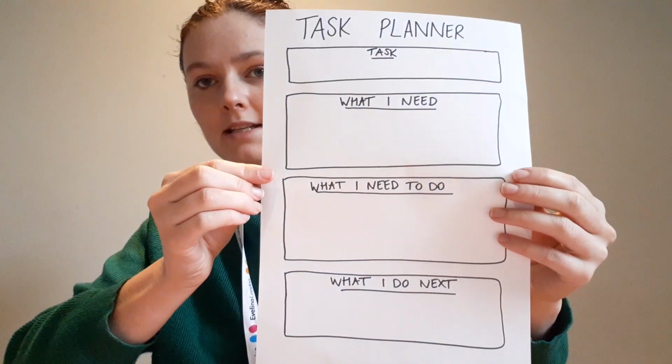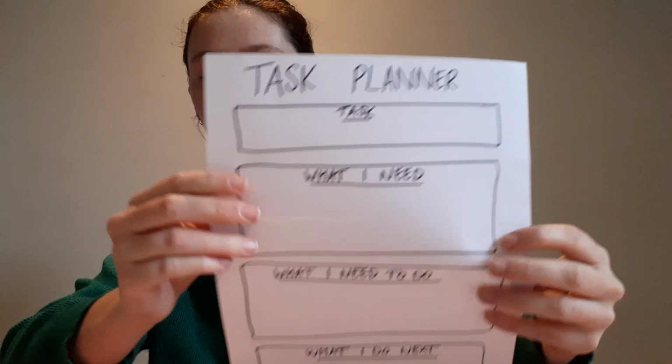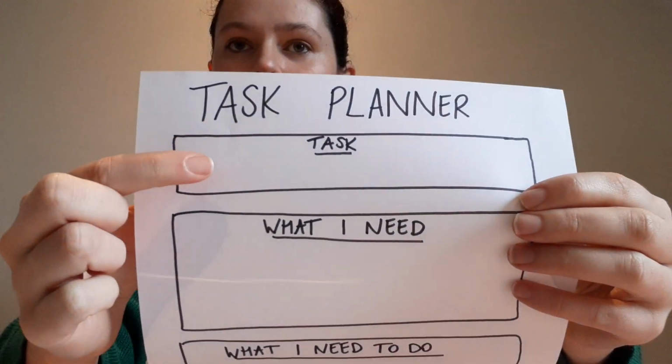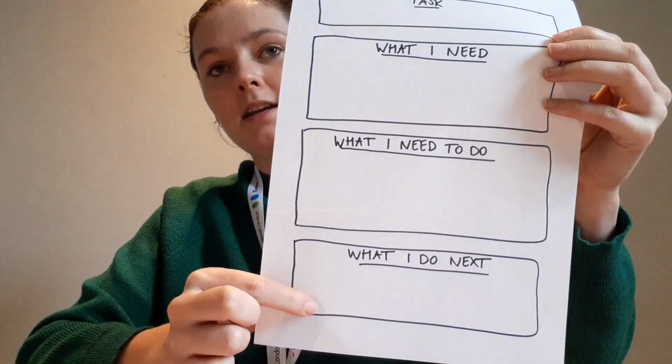Okay, so we're going to move on to our activity today, which is creating our task planner. The first step is we need to create our task planner template. I have created one already. We need to start with 4 boxes on our page.